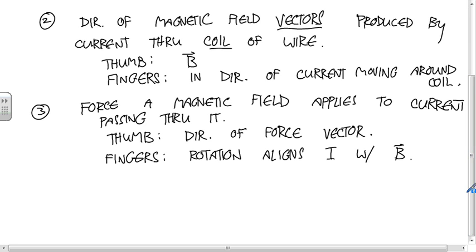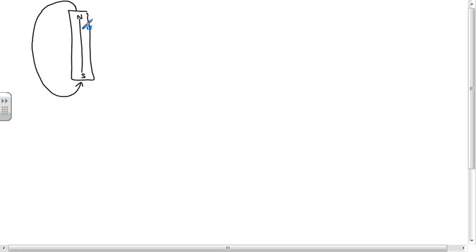So if you have a bar magnet, say this is the north and this is the south, the magnetic field lines do something like this, and they actually continue on the inside.